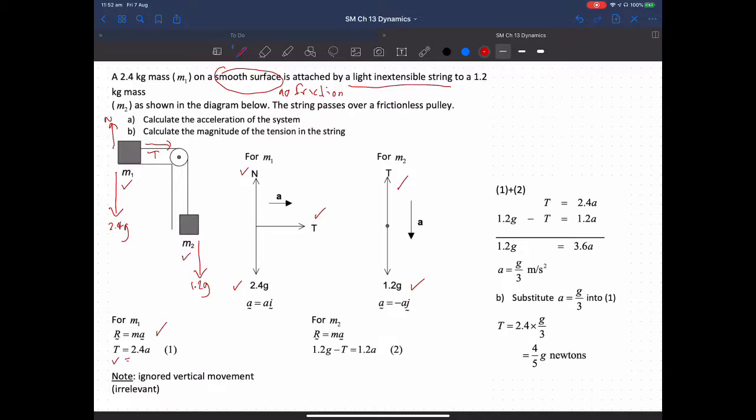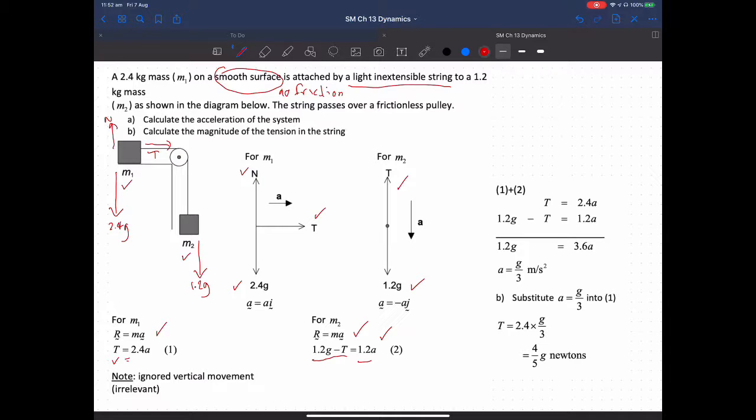For M2, R equals MA. The forces operating in the vertical direction will be 1.2g minus T. That is equal to 1.2 times A. 1.2 is the mass, A is the acceleration.